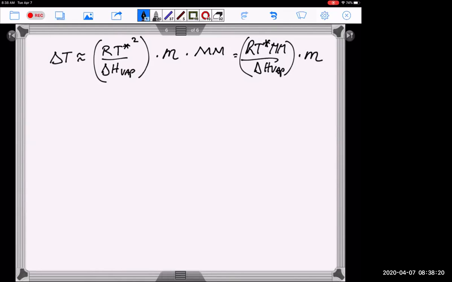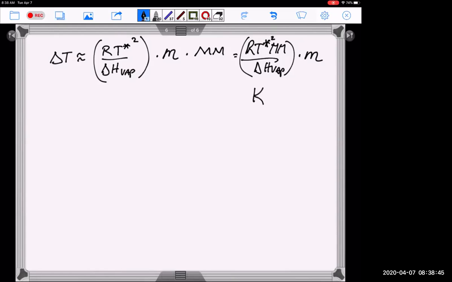And it's usually written as, you'll see it in books like italics and little, but it's little m, moles per kilogram. And there's no volume in there, so there's no temperature dependence on molality. That's why it's used. So R T star squared molar mass over delta H of vaporization is really ugly to write over and over again.